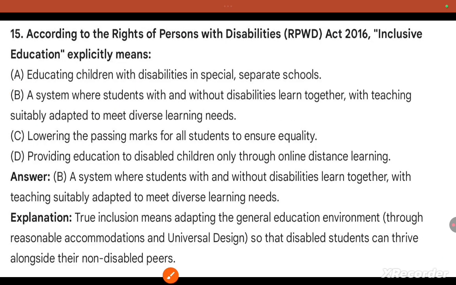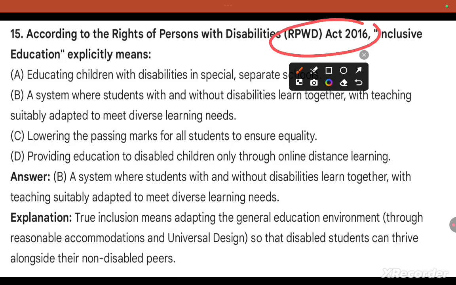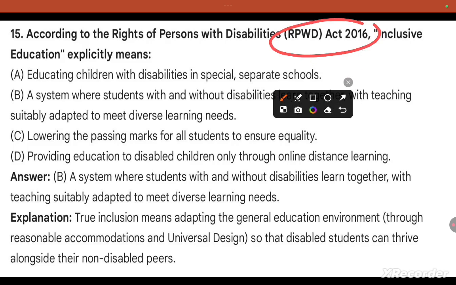The 15th one. According to the Rights of Persons with Disabilities, RPWD Act 2016, what does inclusive education explicitly mean? A. Educating children with disabilities in special and separate schools.